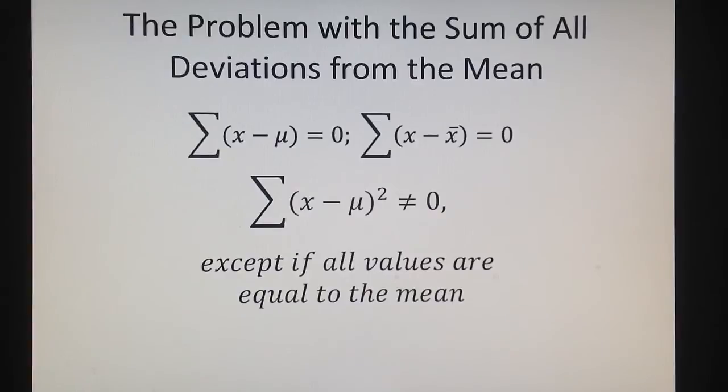So if we square all deviations, we will have a non-zero sum of all squared deviations, except of course if all x values are equal to the mean, which is a case in which we don't have spread around the mean.